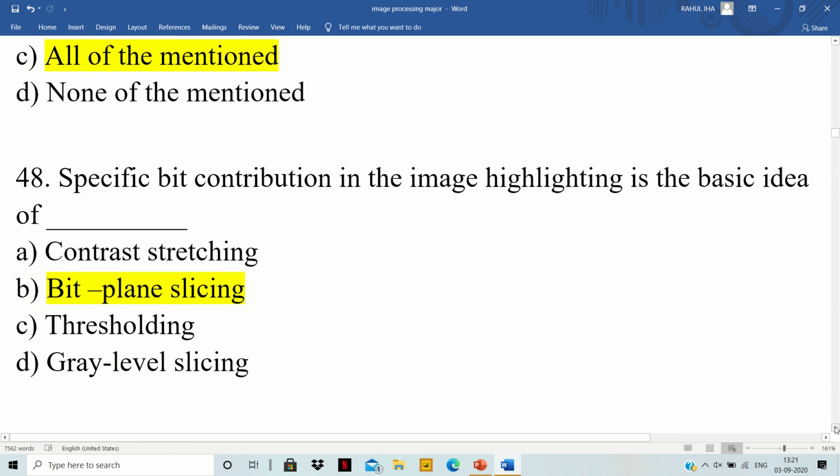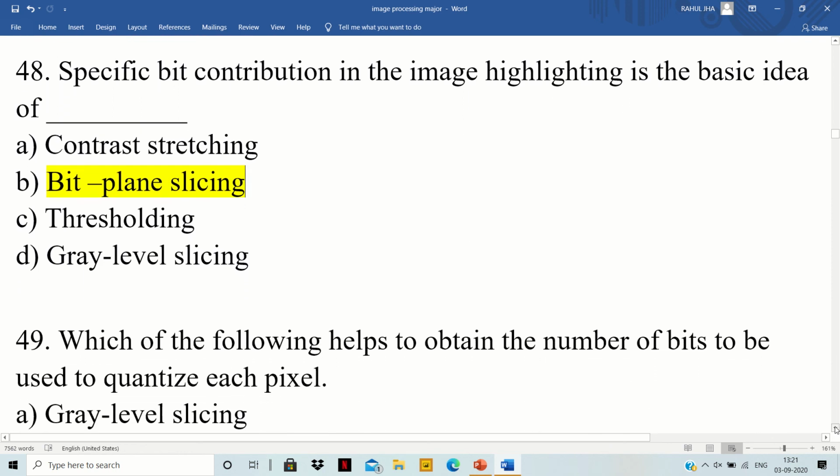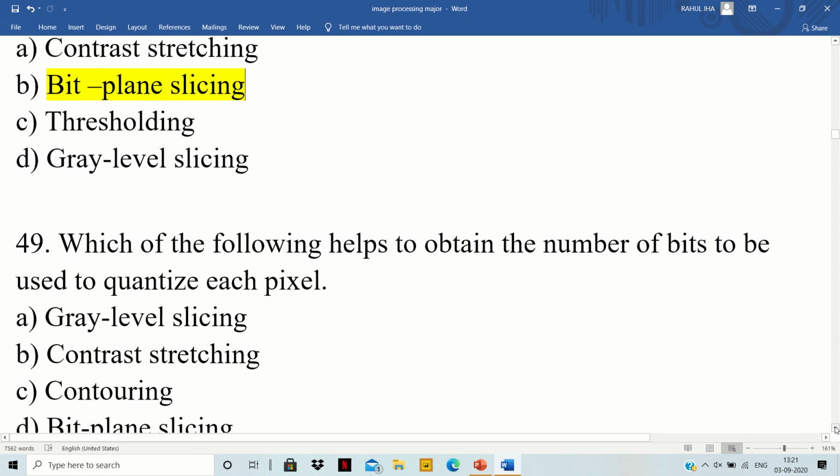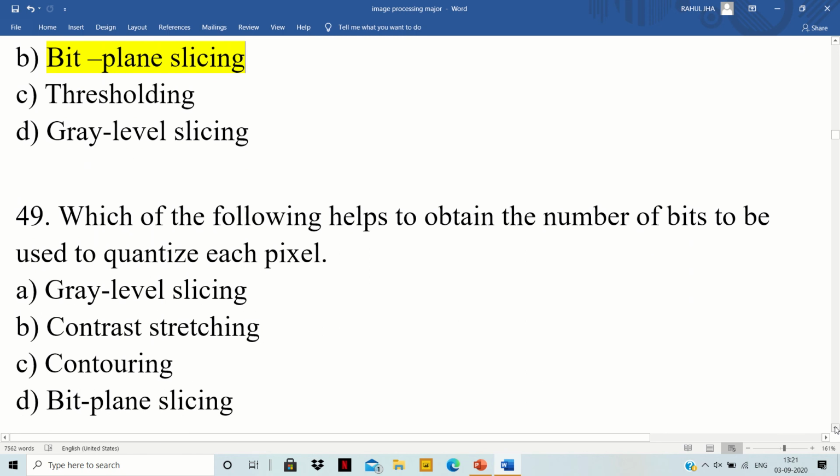Next question. Which of the following helps to obtain the number of bits to be used to quantize each pixel? Again, it is about the number of bits to quantize each pixel. In gray level slicing, we are manipulating the gray levels.